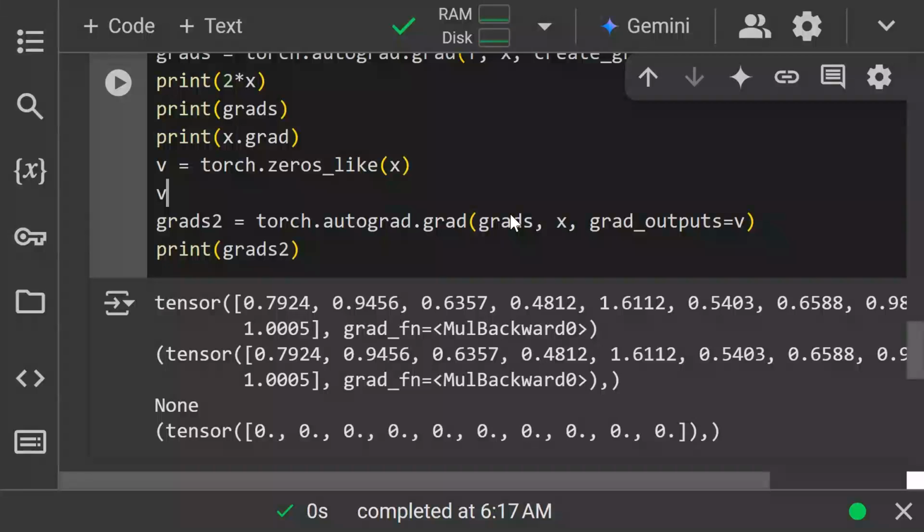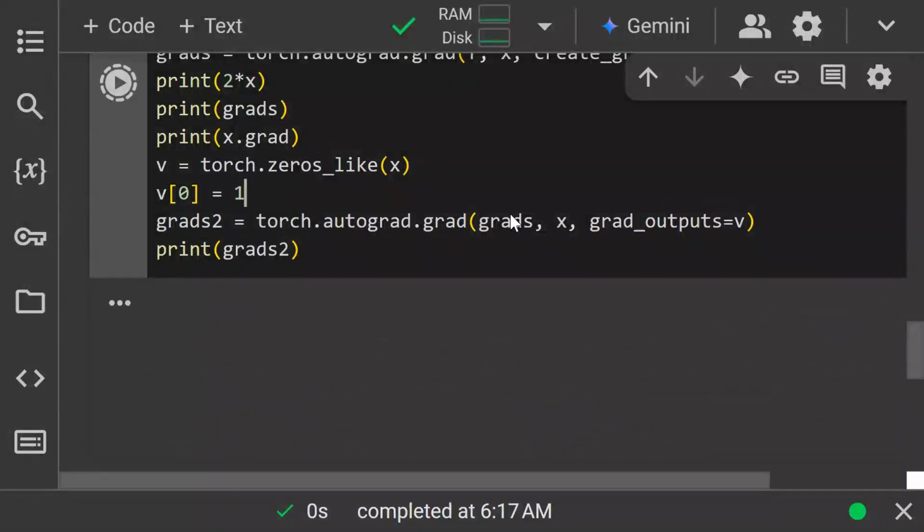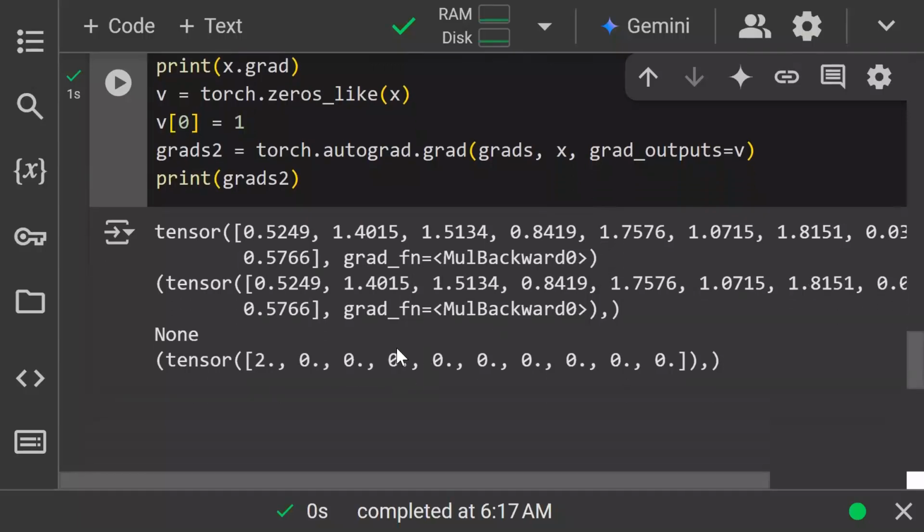But if I set v0 to be 1 and run the code again, this is actually my first row of the Jacobian.